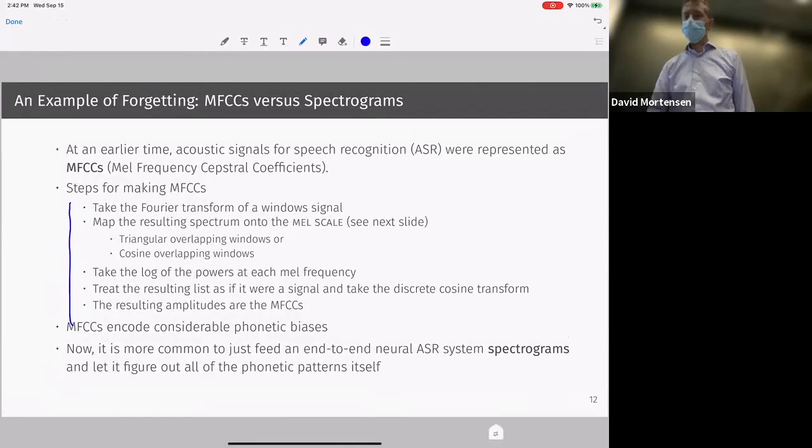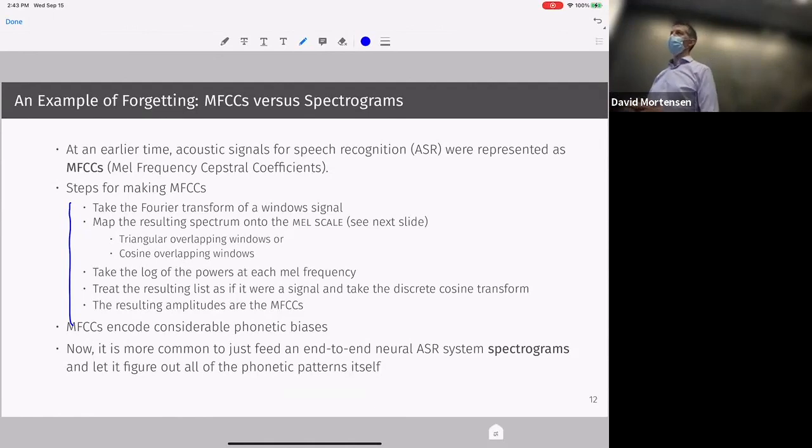It's sort of a representation of a time slice of an acoustic signal in terms of a series of coefficients. So it's basically a way of representing one slice of, like, a spectrogram, but because it's scaled according to MELs, which are a psychoacoustic unit of pitch, it incorporates aspects of auditory phonetics.